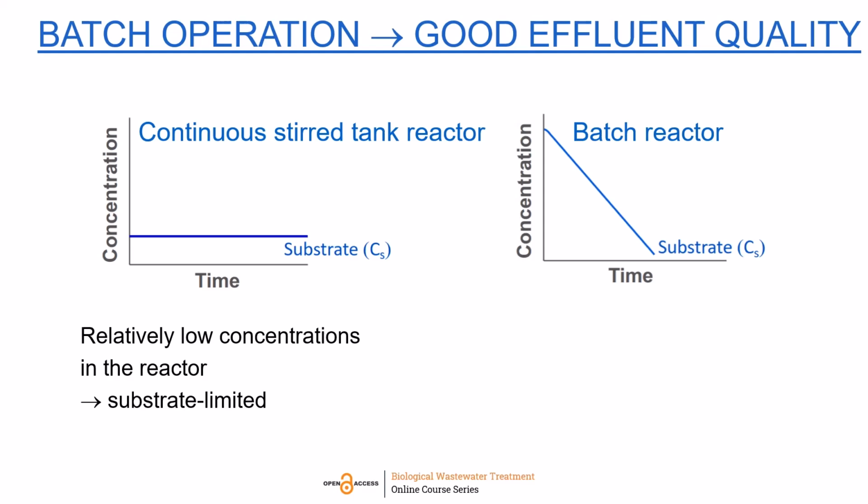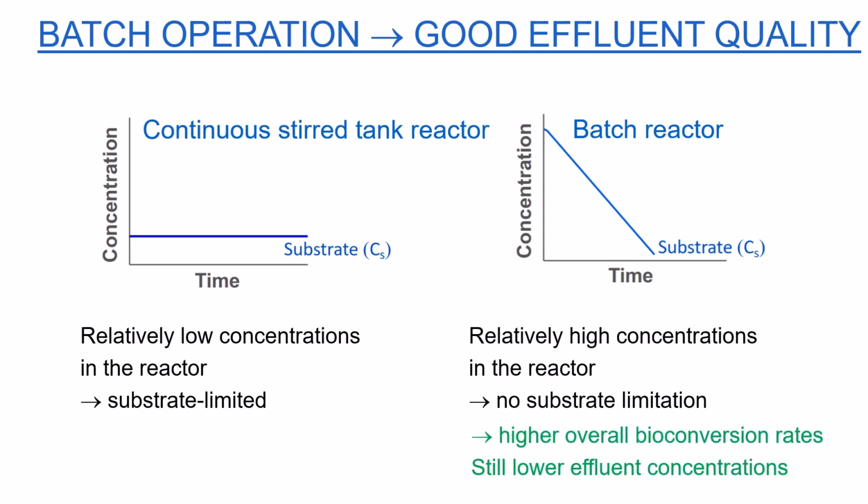During batch operation, the substrate concentrations in the reactor decrease over time, from the influent concentration at time 0, which is typically high, to the required effluent concentration at the end of operation. As a result, the substrate concentration in the reactor is high most of the time and will not be limiting the bioconversion rate. The effluent concentrations can thus become very low, without lowering the overall conversion rates.